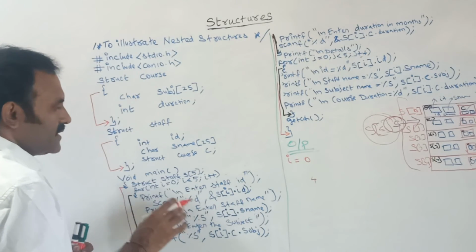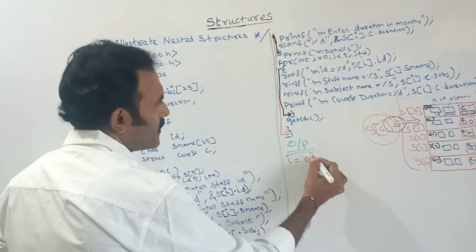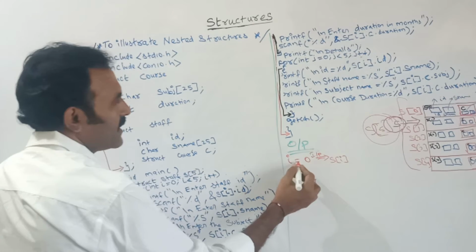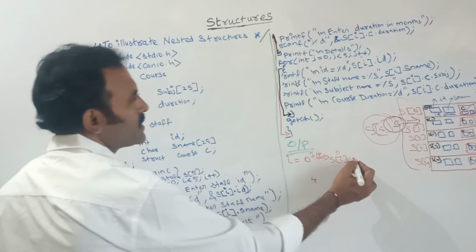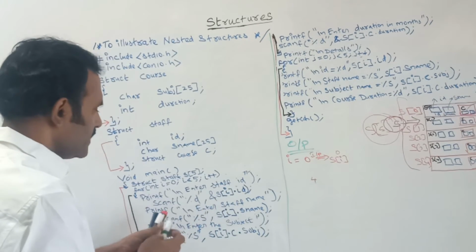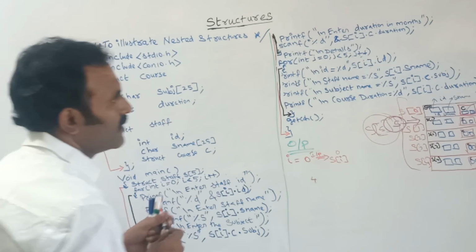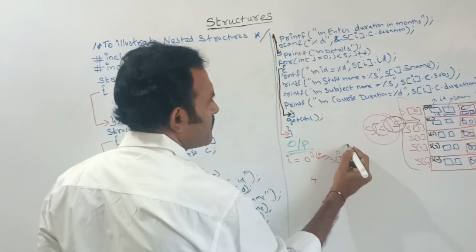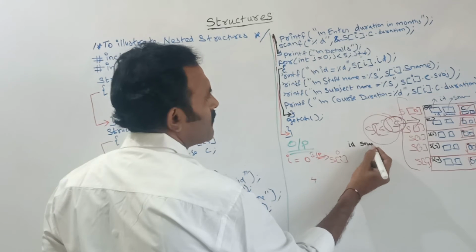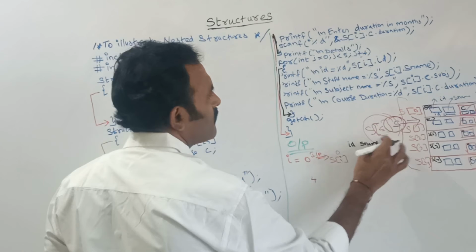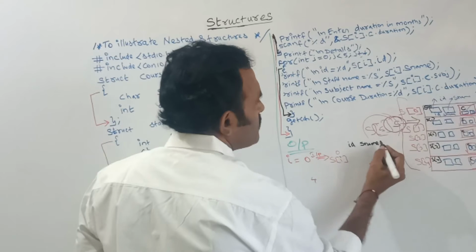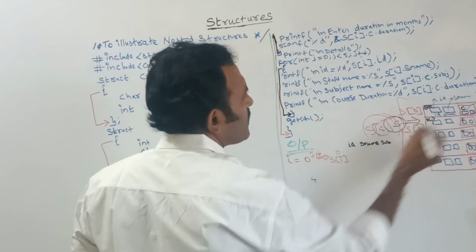For each and every iteration I will get the input for structure variable s of I. That is, when I is equal to 0, for s of 0th position I get the input for this block. Here it will get the input for first ID, staff ID, next staff name, after that subject, after that duration.